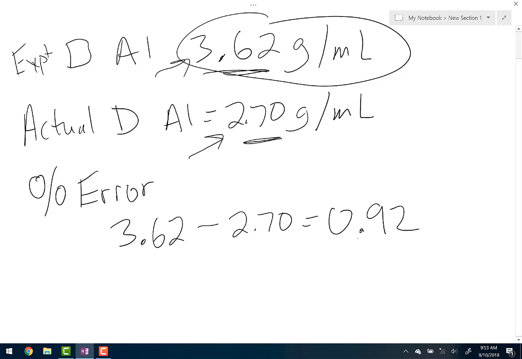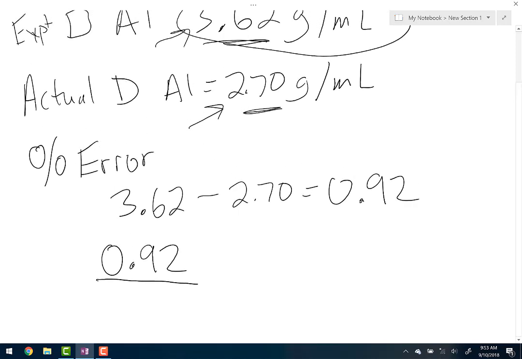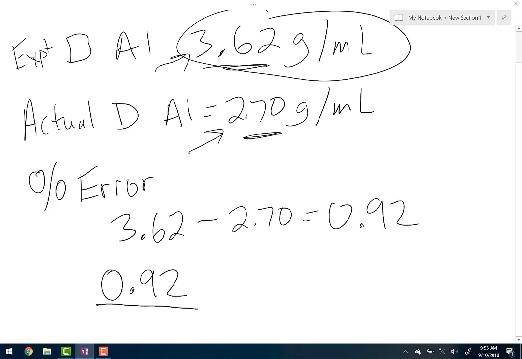Then your result, the 0.92 in this case, we're going to take that number, and here's the only part where you have to decide which number to use, because we're going to divide. Depending on who's doing the experiment, that experimental number is going to change.